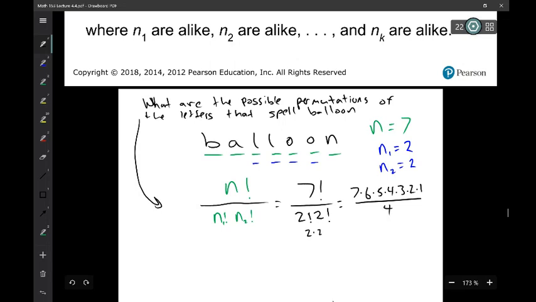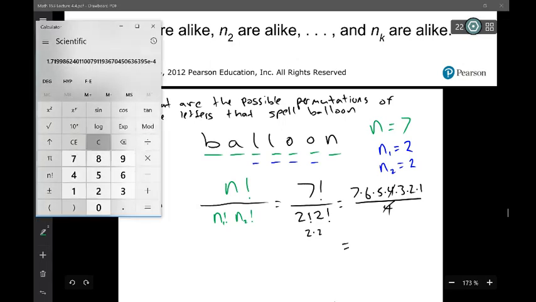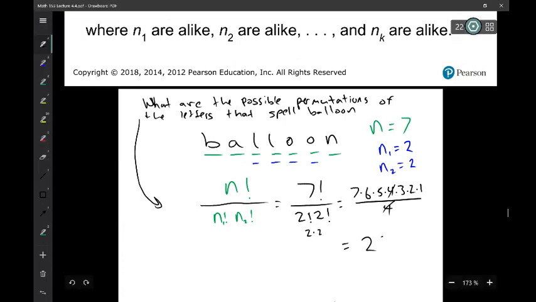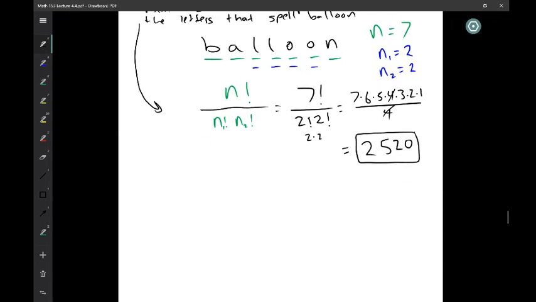So we would have 4 here. So the 4's cancel. Then we would have 7 times 6 times 5 times 3 times 2, 2,520. Balloon being one of the possibilities.